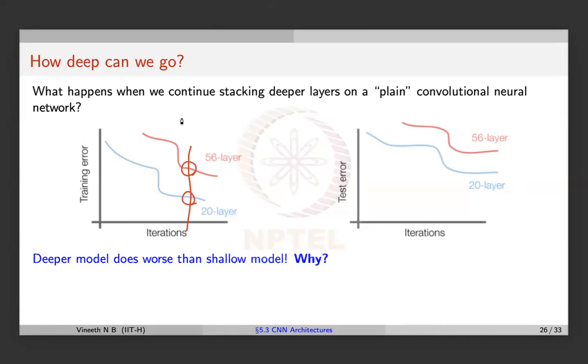Here we saw that the deeper model is performing worse than the shallow model, because a lower training or test error is better. If you have less training error, your model is performing better. But at this instant, this point is performing better than the 56 layer model.